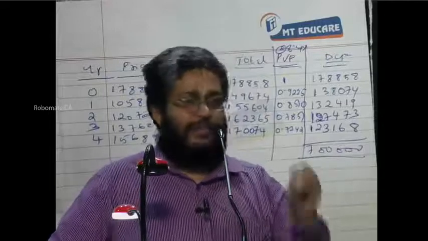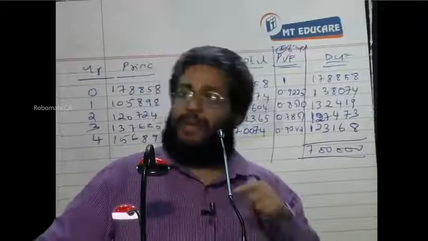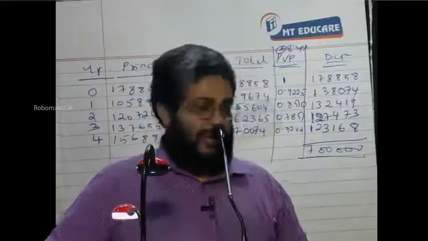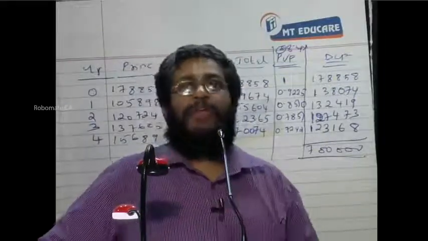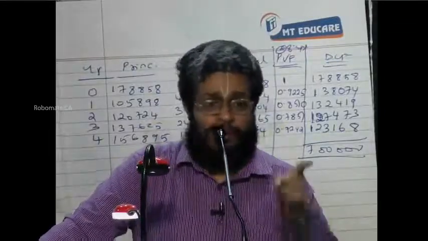But if I use what cost? Borrowing cost. What is borrowing cost? The rate at which the bank has given me the loan for purchasing the asset. So if you use borrowing cost as the discount rate, then this is a condition. What is the condition? The discount rate should be the borrowing cost.